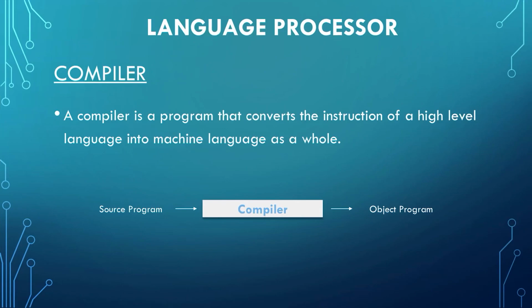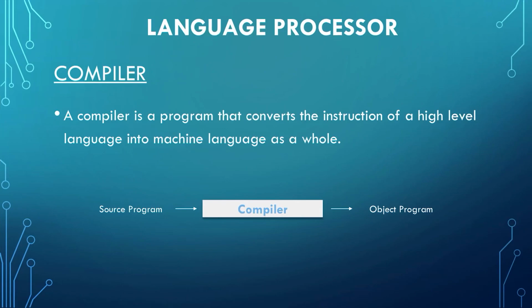What does this mean? This means that I am going to write some instructions in a file using high level language. So this file will be known as source program, as it will be containing source code. Now the compiler will take that file and convert that whole file into object program, which means it will create a file which will be containing all instructions which I have previously written using high level language.